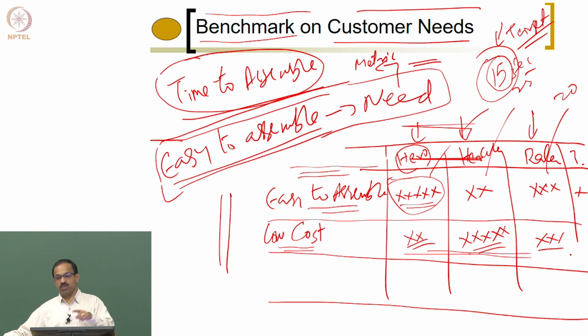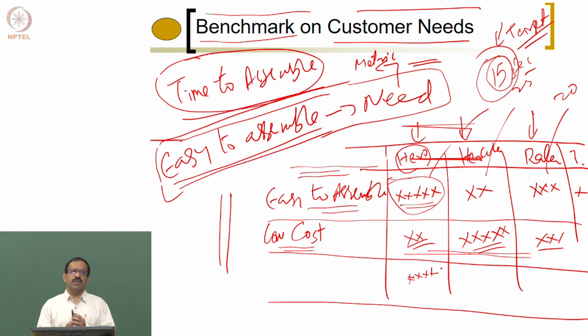No need for a benchmark with a value. Benchmarking you can still use, but then you don't have any value to use. With benchmarking, you can say which one gives you higher pride. So you can say, oh, Hero gives you higher pride. Then you can take that as the best one and see what features they provide to create the pride for the customer, and try to bring that in as a separate entity, not as a particular specification in the product.